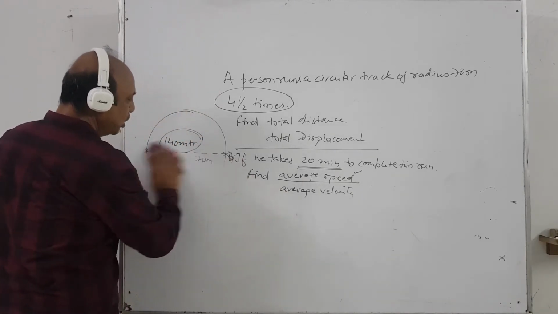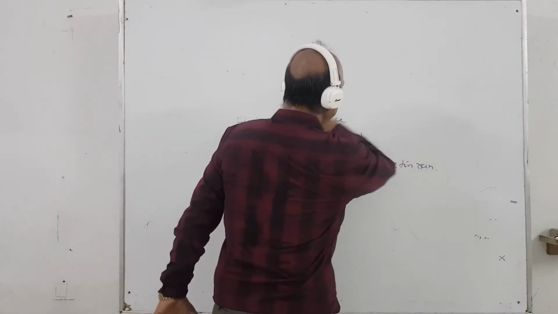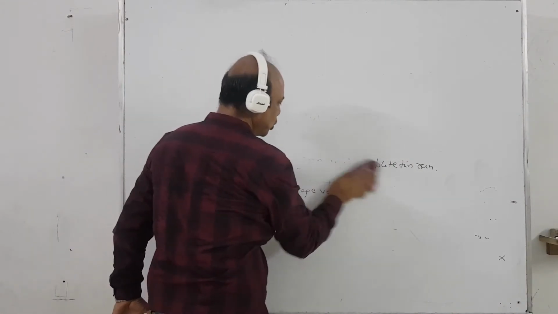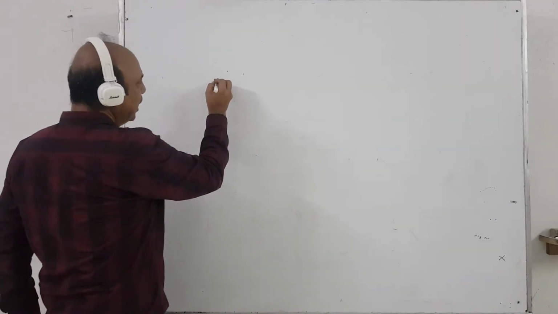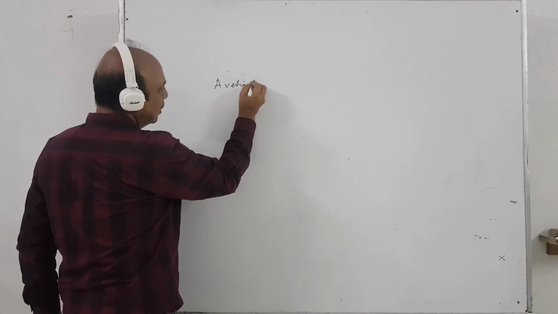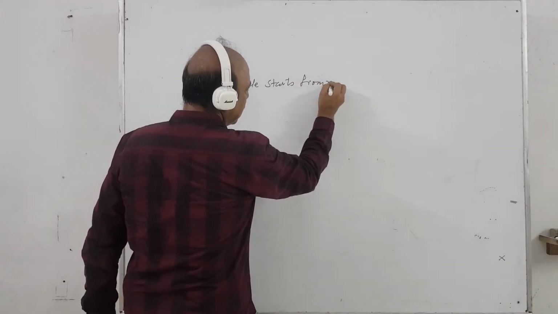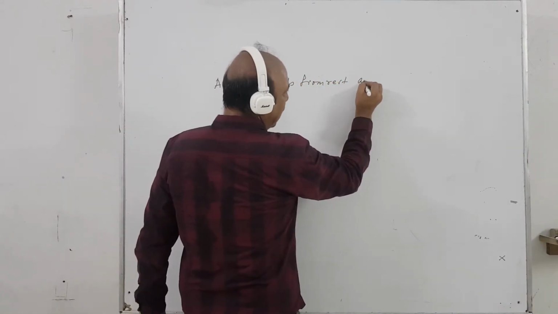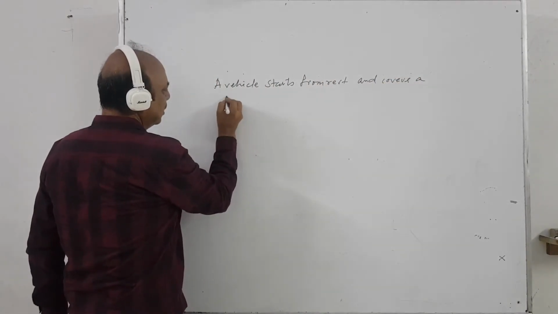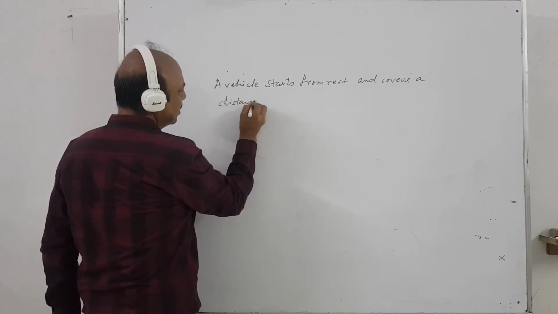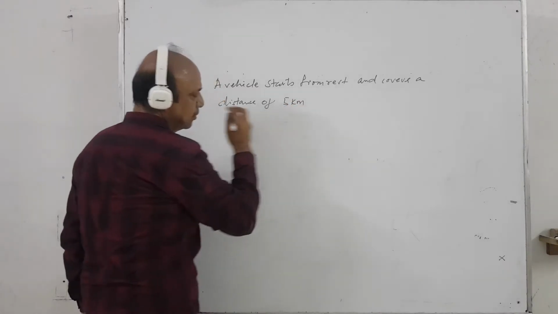Okay, now moving down to the questions from the three equations of motion, that is non-uniform motion or uniformly accelerated motion. First question: a vehicle starts from rest and covers a distance of 5 kilometers.